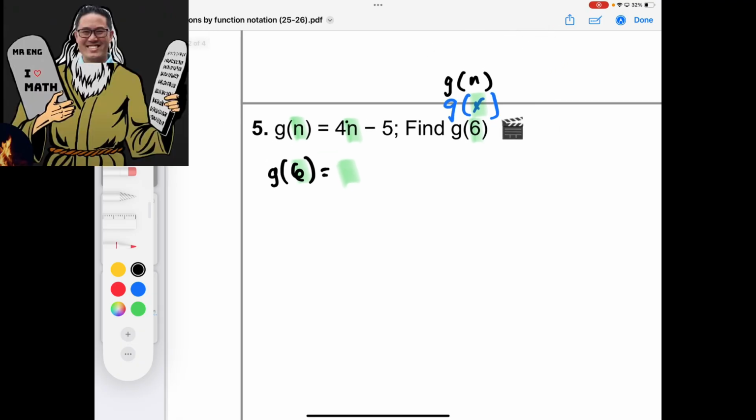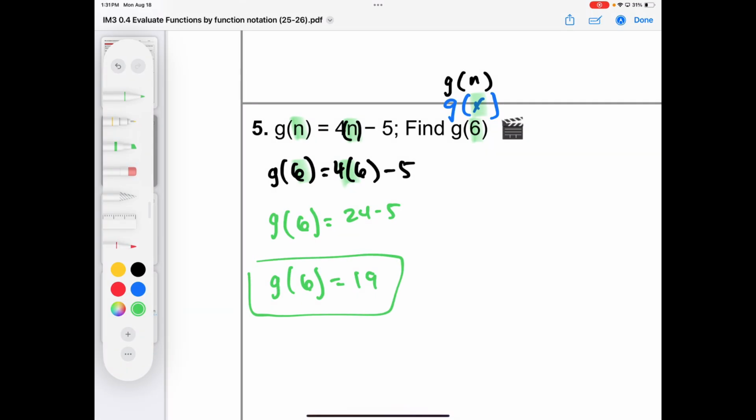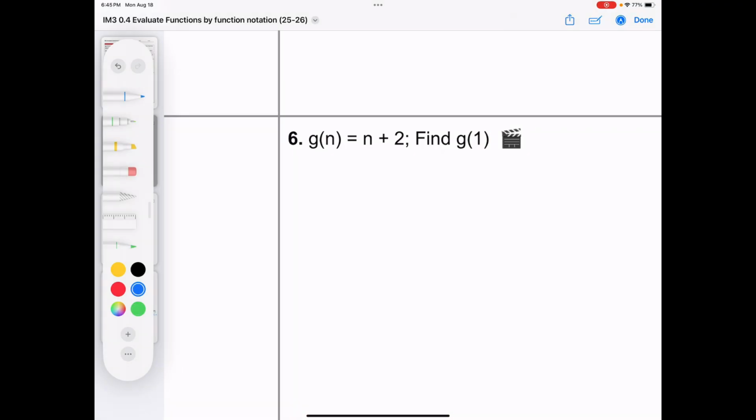We saw a student put parentheses even around the variable, which helped remind them that the 6 goes on the inside. What do we do next? Multiply, yes, PEMDAS. 24 minus 5, and our answer is 19. Raise your hand if you got 19. Good job.